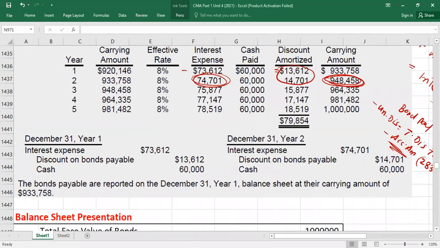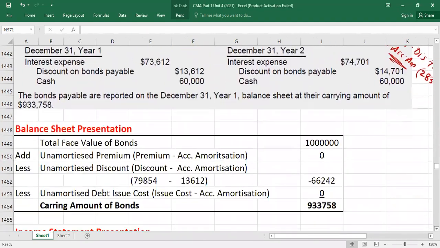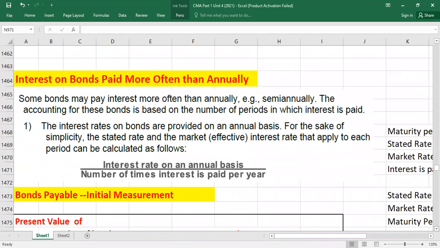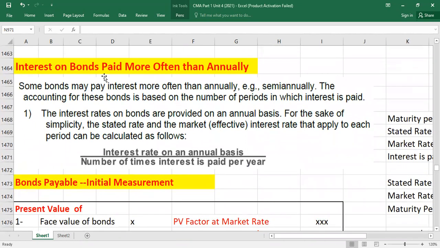So guys, we are now going to discuss how to deal with bonds if interest is paid semi-annually. Semi-annually means after every 6 months.